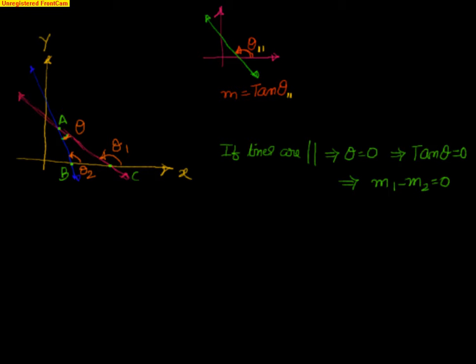Tan theta minus 0, which is nothing but equal to m1 minus m2. Got it, right? What I tried to do? See here, when they are parallel, we know m1 equal to m2. That means m1 minus m2 should be equal to 0.